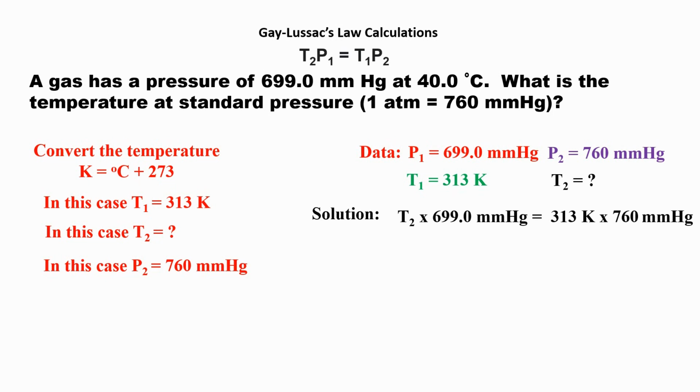T2 times 699.0 millimeters of mercury is equal to 313 K times 760 millimeters of mercury. The numerical setup for solving for T2 is written as follows. 313 K times 760 millimeters of mercury divided by 699.0 millimeters of mercury. The millimeters of mercury will cancel, and the answer is 340 K.